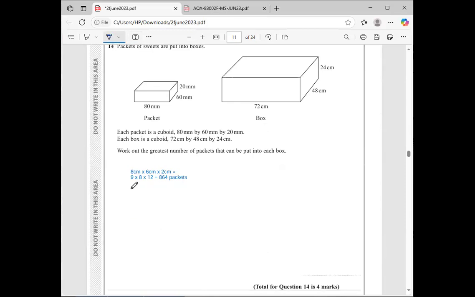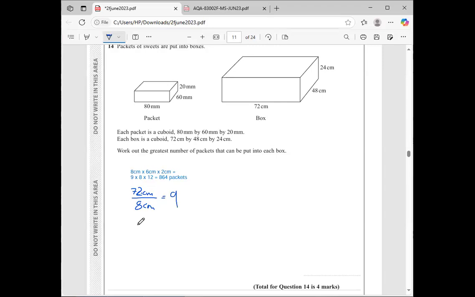I'll just write this: 72 cm over 8 cm. That's how I got 9, to find out how many 8 cms will fit there.